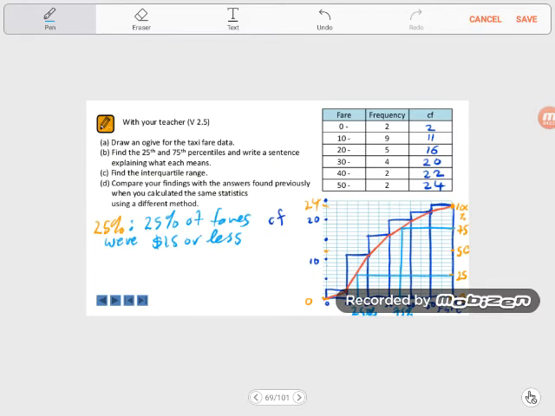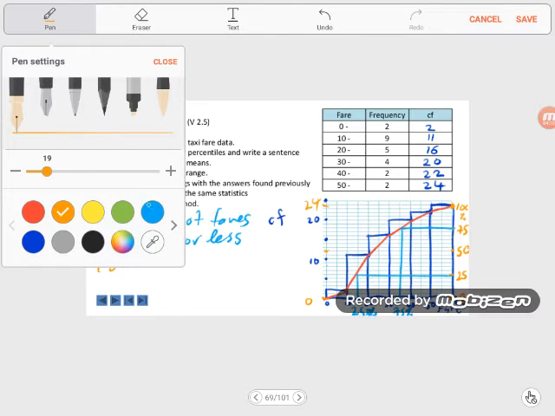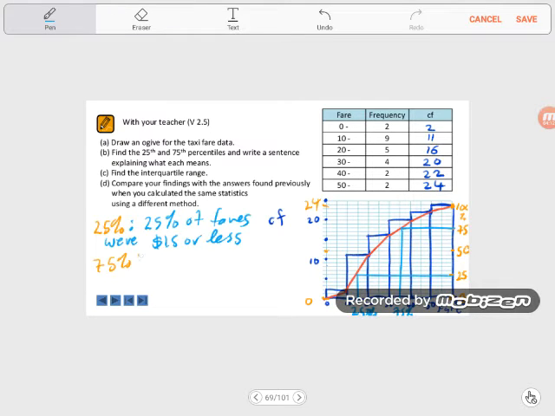So for the 75th percentile, 75% of fares were $35 or less. That's what they mean. So there's our part B done.